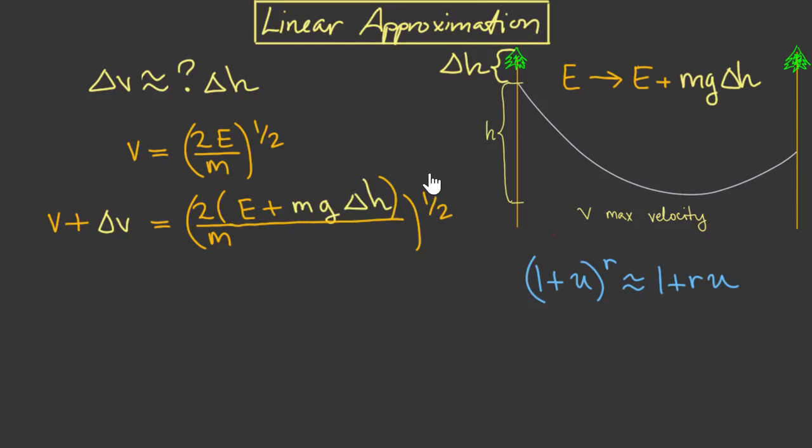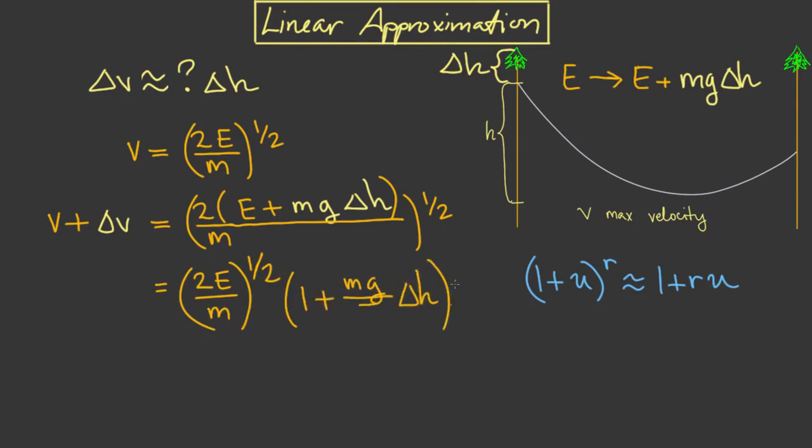So I'm going to pull out this constant term, (2E over m) to the 1/2 power, and this is going to simplify to the expression v plus delta v is equal to (2E over m) to the 1/2 power times the quantity (1 plus mg delta h over E) raised to the 1/2 power.